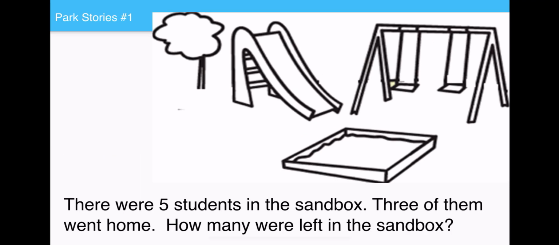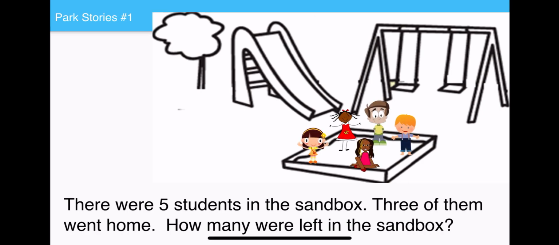Okay, friends, let's try one more together before it is your turn. There were 5 students in the sandbox. 3 of them went home. How many were left in the sandbox? Well, friends, to start off, I need you to take 5 counters to show those 5 students. Now, let's lay them down together.